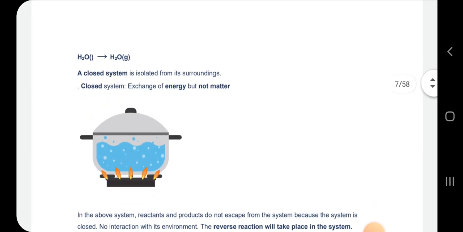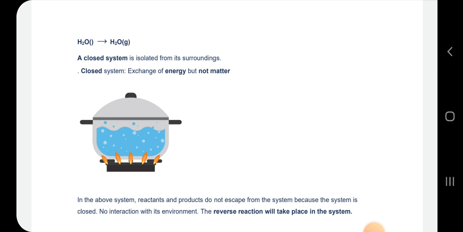And then here we have a closed system. A closed system is where we're boiling water in a pot, but the lid has been closed and it is isolated from its surroundings. So in a closed system, we have exchange of energy, but not matter. Whatever is in the pot is not interacting with the outside world.